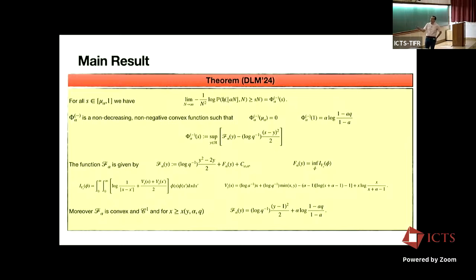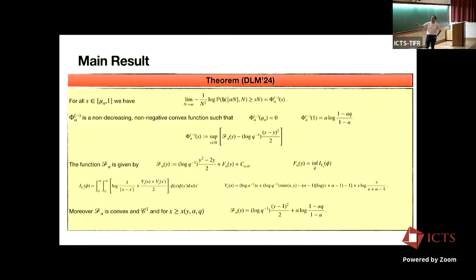Of course, I'm not expecting people to actually pay too much attention to all of these formulas. What I want to stress is that the potential here is C0 but not C1. So this is an important fact. Usually if you open a book, for example, the book by Forrester, which is actually called Log Gases, so very relevant when studying this problem, all of the theorems that you find start with: take a potential which is at least C5 or C3.